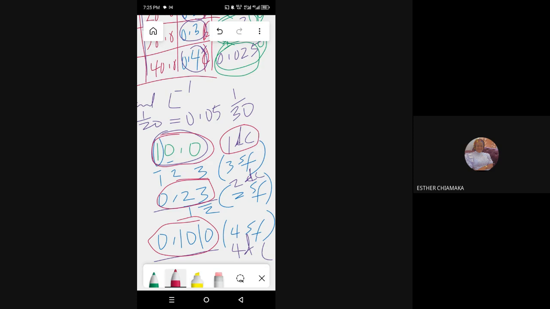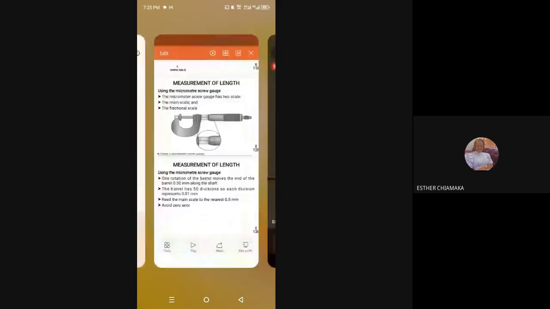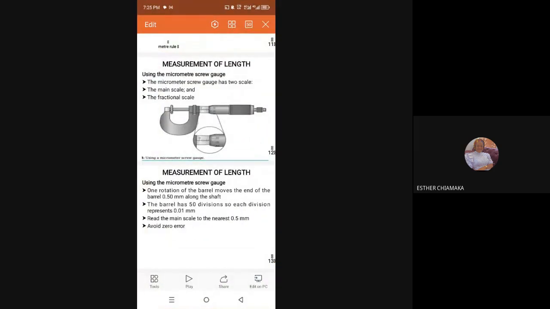0.1010? 4. Good. So my question now is 0.01 mm, how many decimal places? Sorry, 0.01, it's 2 decimal places.